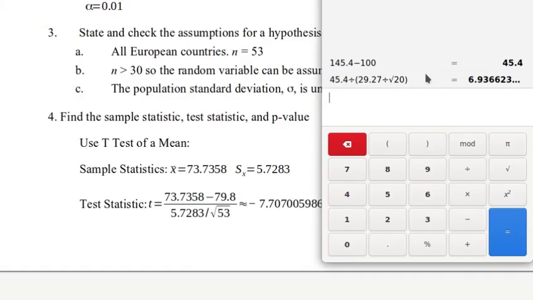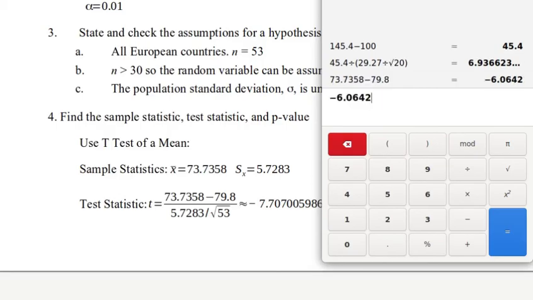So let's do the numerator first, 73.7358 minus 79.8. Let's press enter to make sure the calculator computes the numerator. Let's then divide and open parentheses so that everything happens down there in the denominator. Our sample standard deviation, 5.7283.